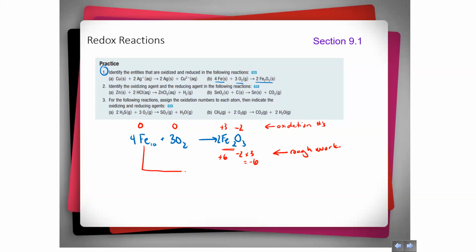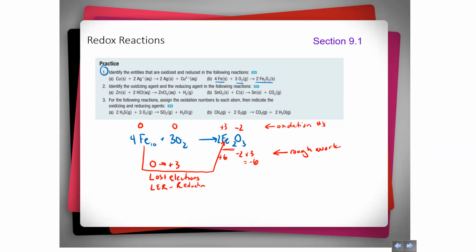Iron went from 0 to +3. So therefore, did it gain electrons? Did it get more negative? No, it must have lost electrons, right? So if it loses electrons, lose electrons is a reduction, right? So we're looking at a reduction here.